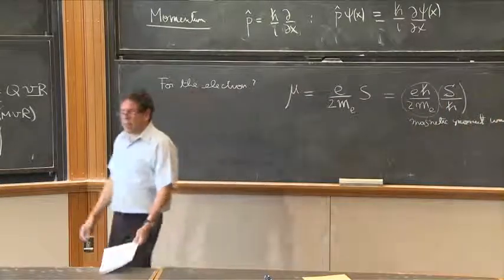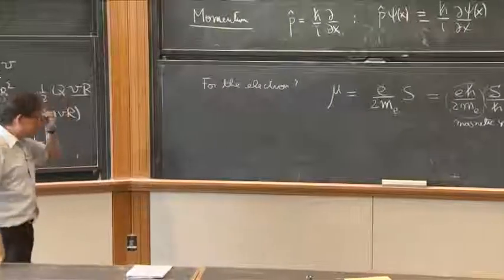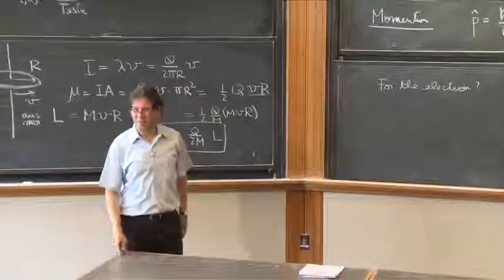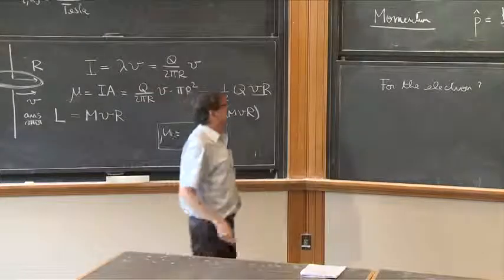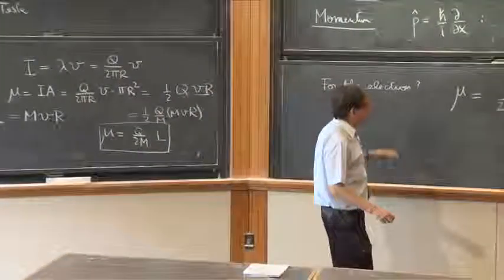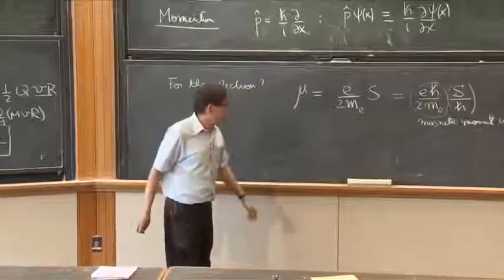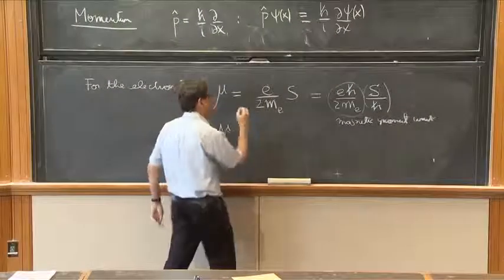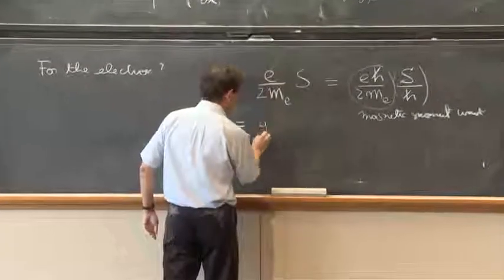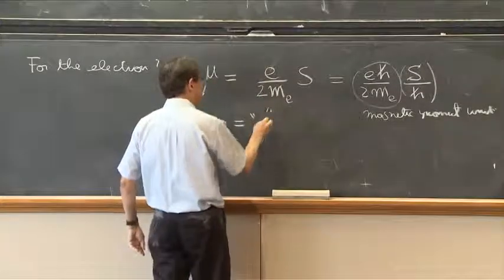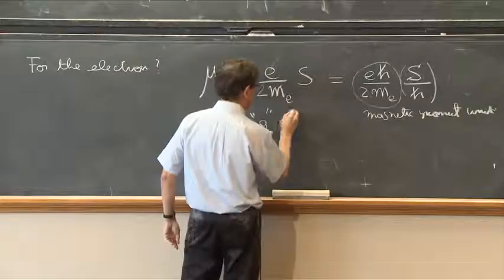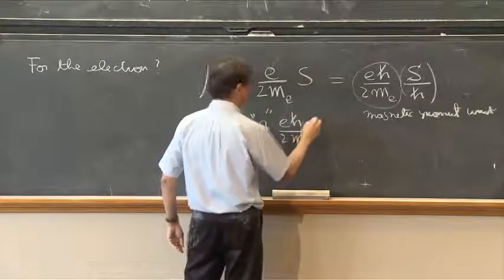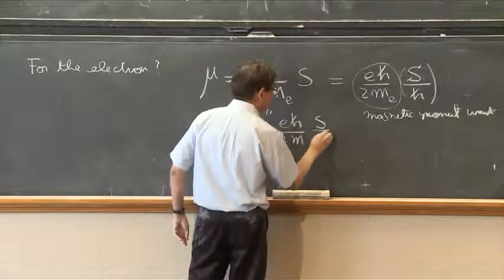So what does happen for the electron? Well, it's almost true, but not quite. In fact, what you get is that you need a fudge factor. The fudge factor is that actually, for elementary particles, you have a g, which is a constant, times e h bar over 2m of the particle, times S over h bar.